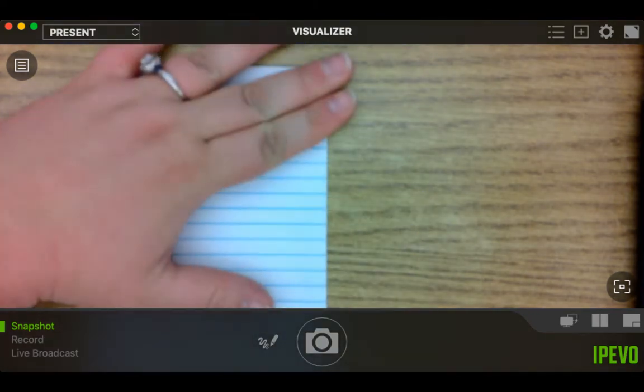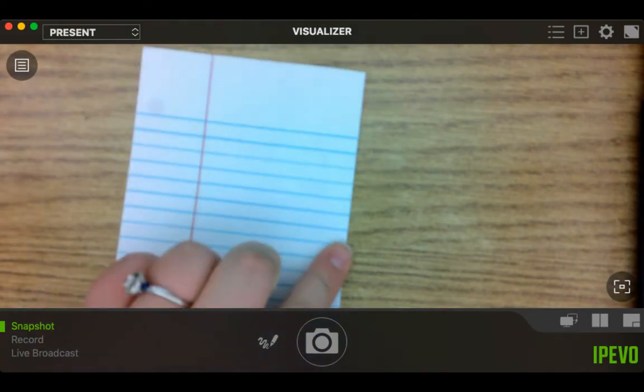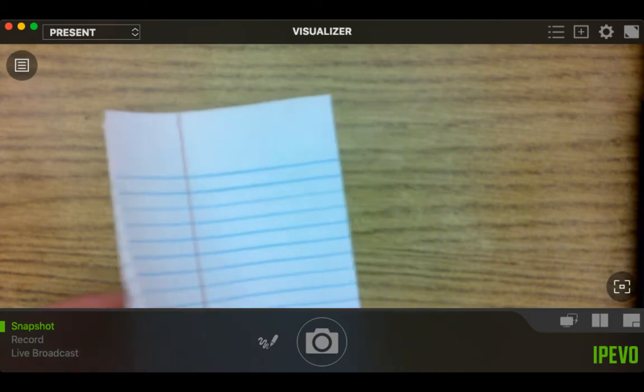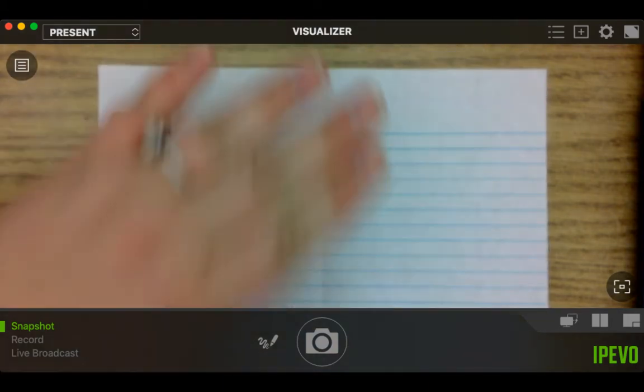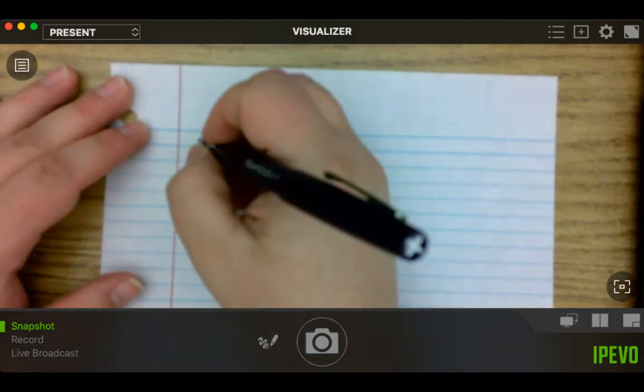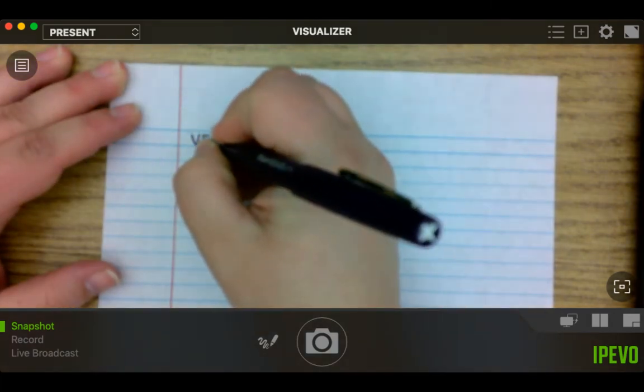So first thing I'm going to do is take a piece of notebook paper, so make sure you have one, and fold it in half so that I just line up nicely. So now you have a crease down the middle of your page, and we're going to use that. On one half, we are going to write vertex form.